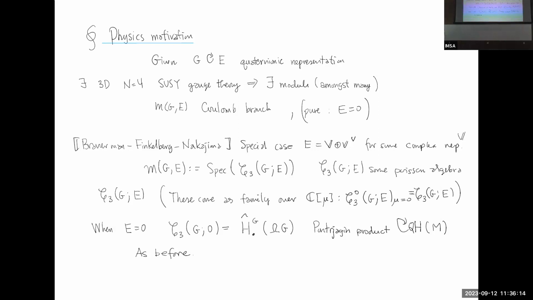And in the case when E is equal to 0, it's exactly the pure Coulomb branch that we're looking at. So that's the connection with these Coulomb branches.